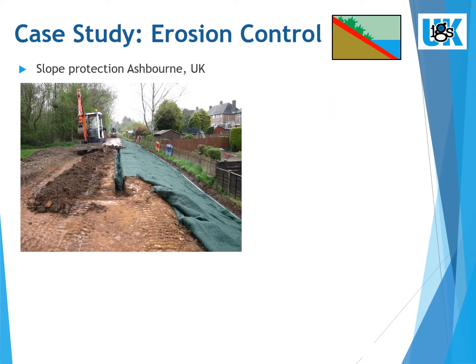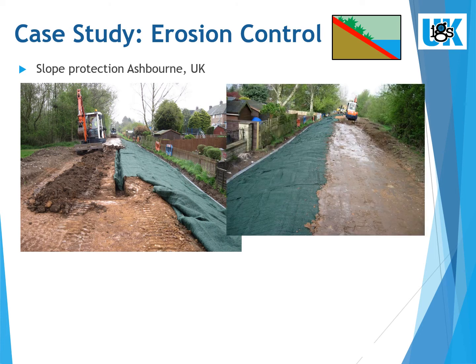In this project located in Ashbourne, all the slopes along the new footpath were protected with a permanent turf reinforced mat to retain the topsoil and help the development and establishment of the vegetation on the slopes. The first pictures show the installation of the mat with an anchored trench on the top and bottom of the slope and pins to retain the mat and guarantee an intimate contact between the soil and the turf reinforced mat.